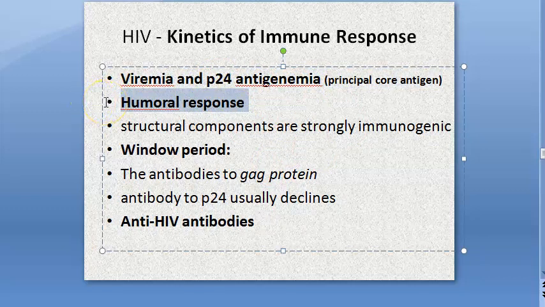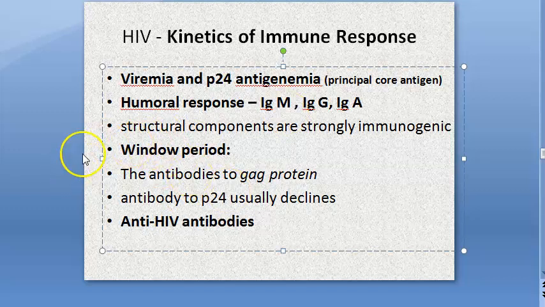Then humoral response: there is formation of antibodies of different classes like IgM, IgA, IgG, formed against all these proteins, okay? Obviously it is creating antibodies, okay? IgM, IgG, IgA, all these are produced.